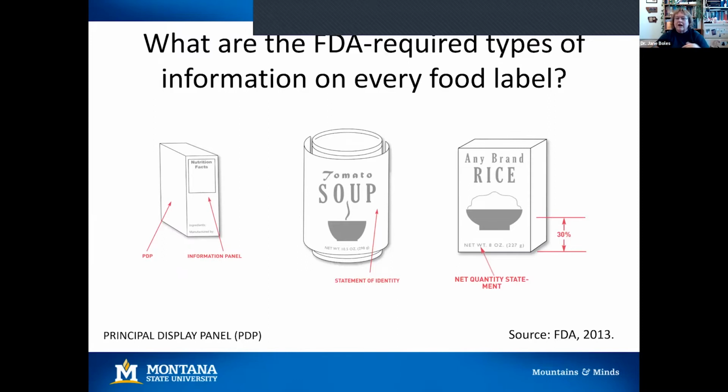Now, the other caveat to the requirements that go on the label is how big is that label? There's a lot of different descriptions in the code that tells you where those pieces have to be. For example, the net weight also has to have a different font than everything else. It has to stand out.